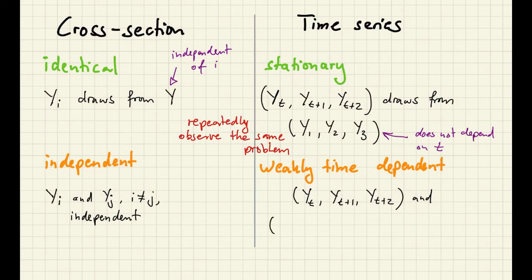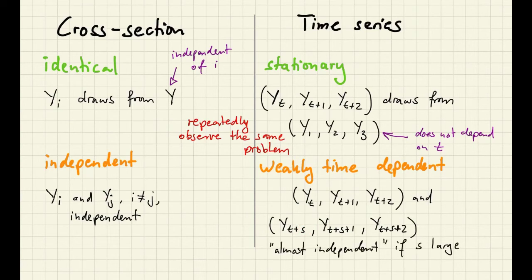So we'll have another segment of 3 time periods, yt plus s, and then the 2 consecutive periods after that. Under weak time dependence, these 2 will be almost independent, provided that the distance between them, so s here, is large enough.